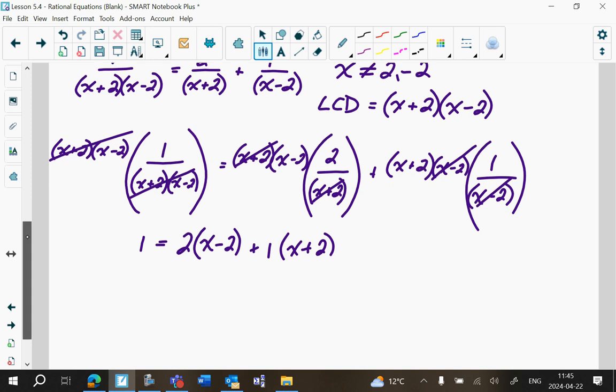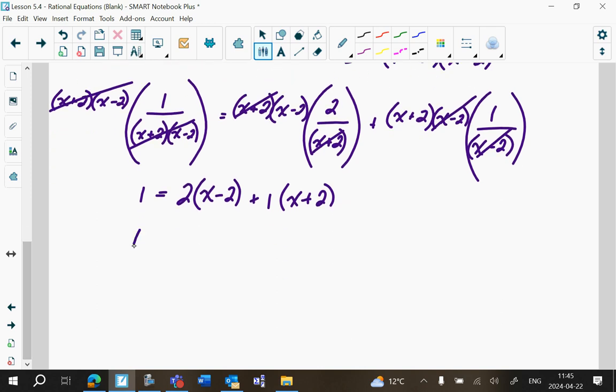So I get 2x minus 4 plus x plus 2. I can simplify the right-hand side. I get 3x minus 2.